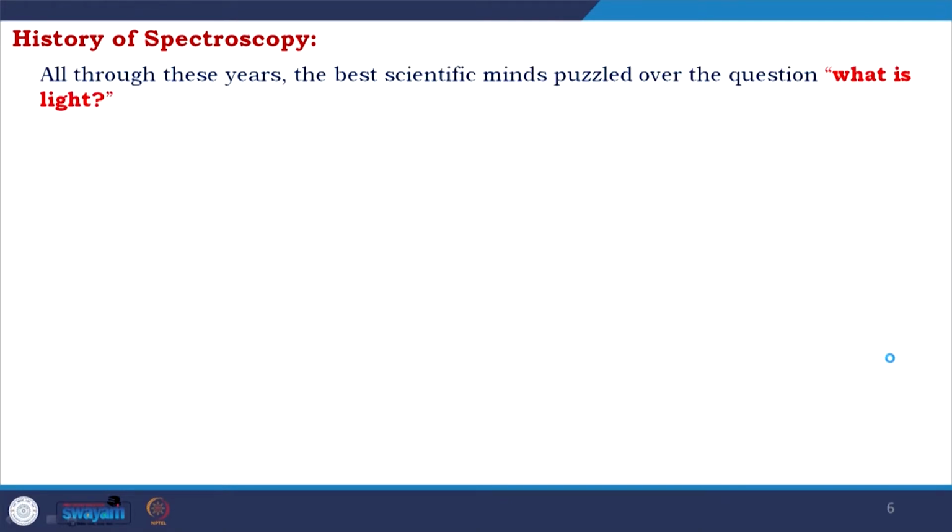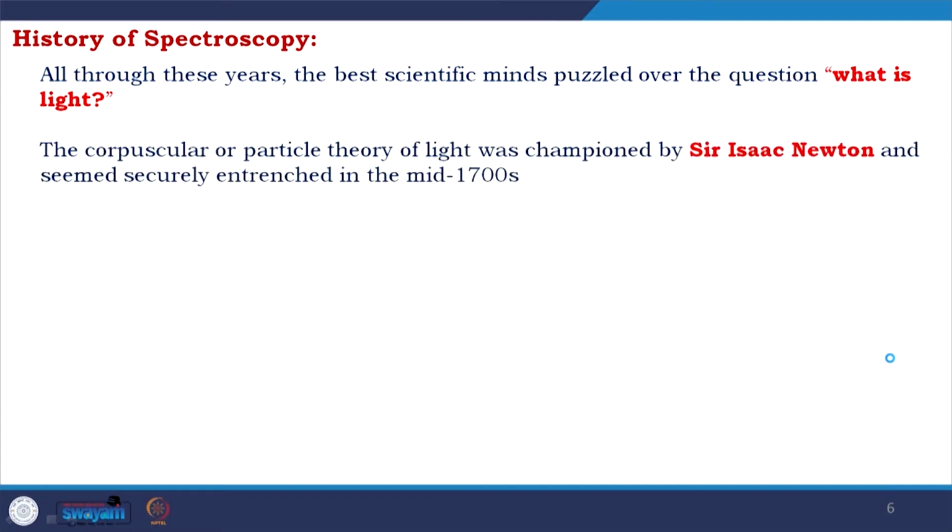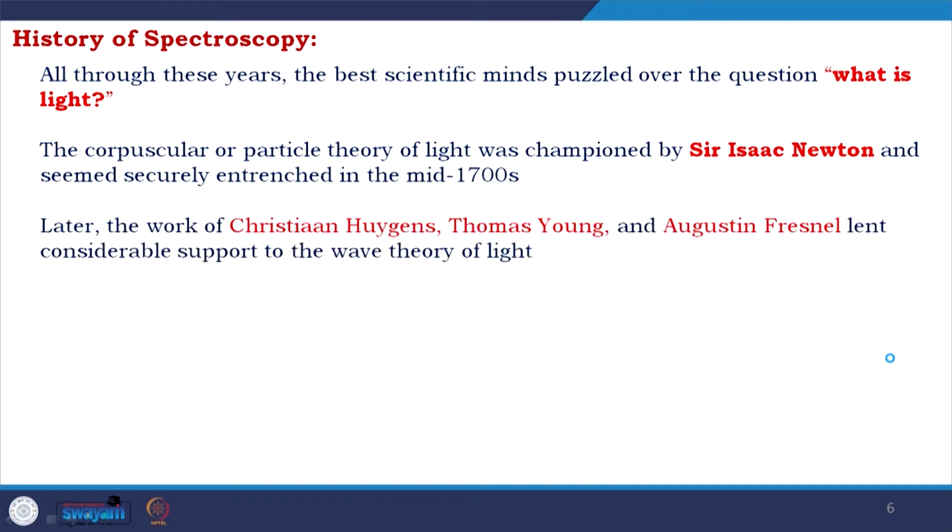All through these years, the best scientific minds puzzled over the question, what is light? The corpuscular or particle theory of light was championed by Sir Isaac Newton and seemed securely entrenched in the mid 1700s. Later, the work of Christiaan Huygens, Thomas Young and Augustin Fresnel lent considerable support to the wave theory of light.